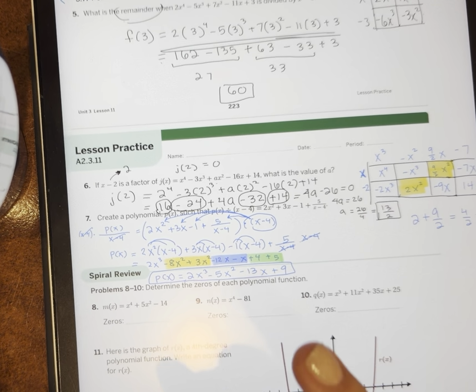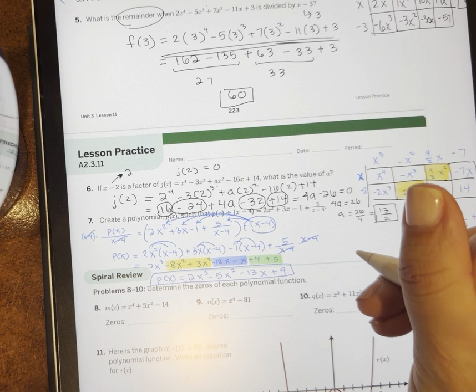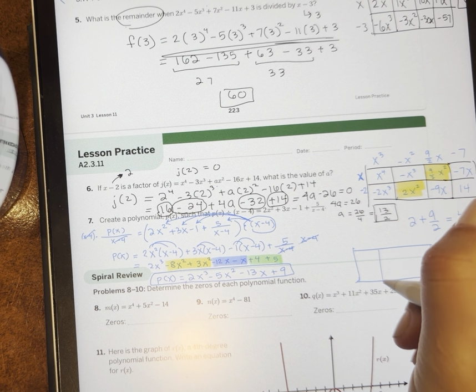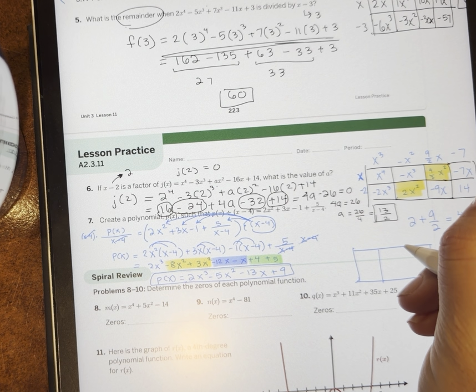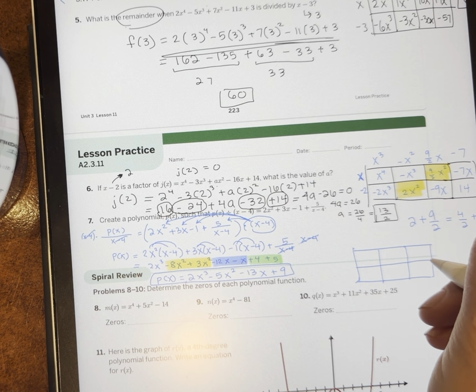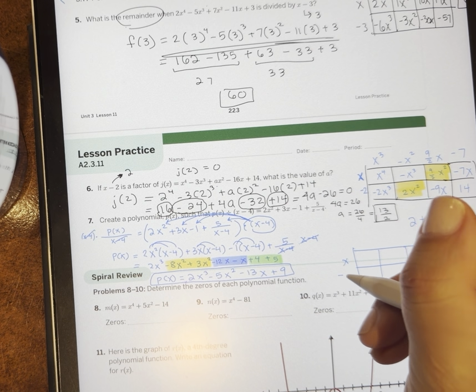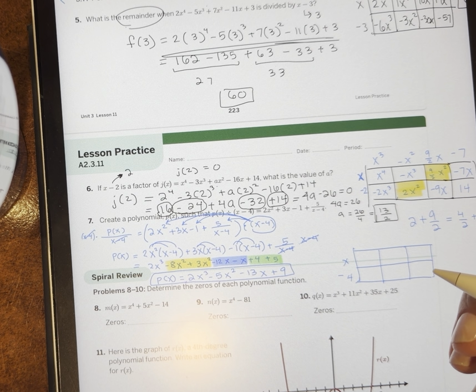I bet there's another way. I bet the other way is to say that p of x was a function inside the box. It got divided by x minus 4. The remainder came out to be 5.